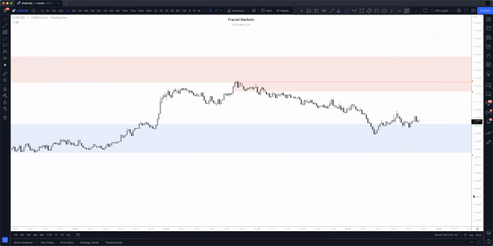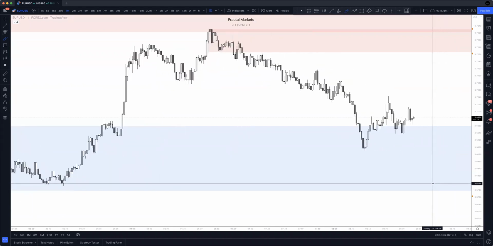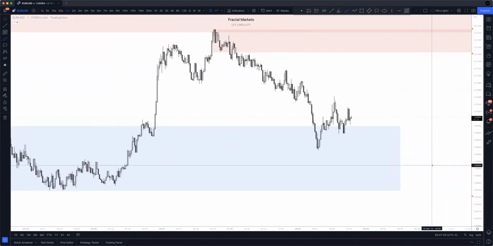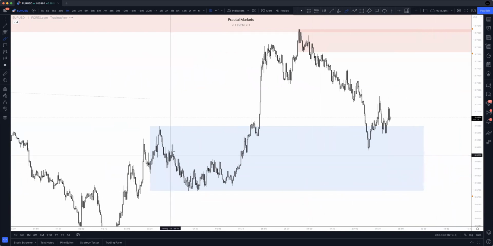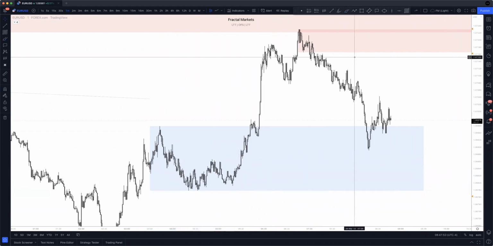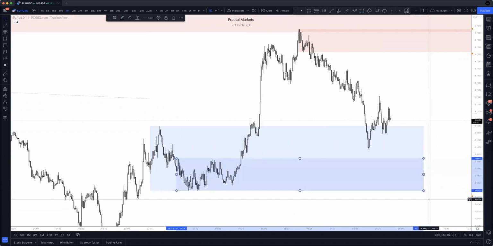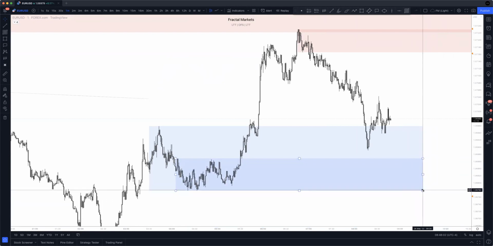You can see that the market's trying to. It just depends, I would look at probably this. This is where demand really kicked into the market. Why don't I look at the 30?